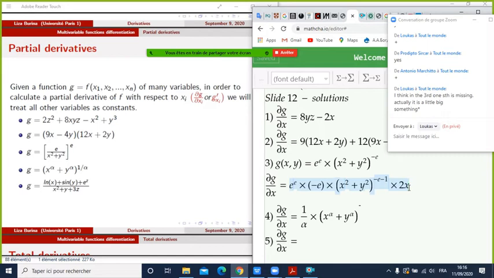That's my argument here. Okay, do you agree with this? That we can rewrite it this way?